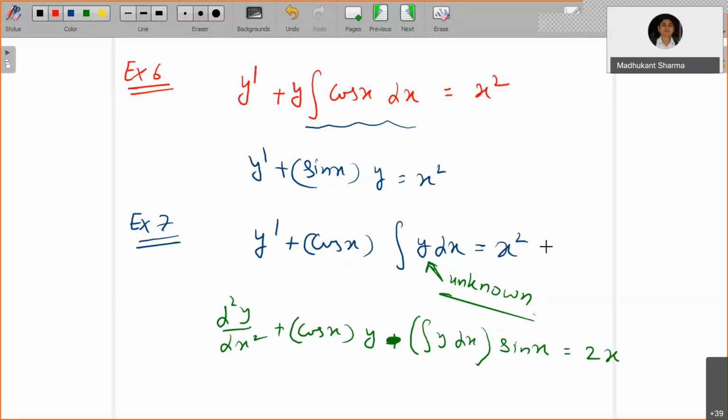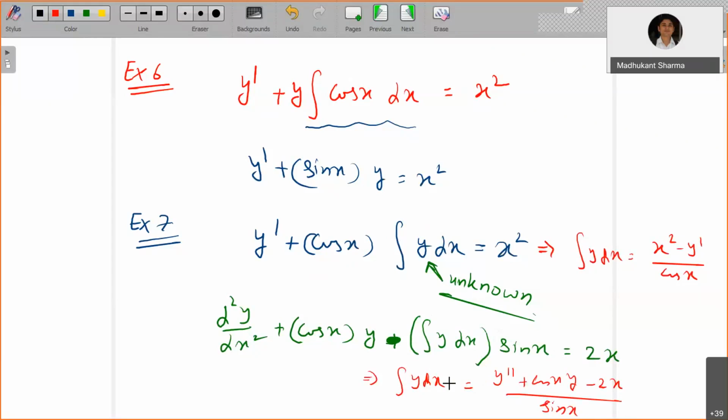So this implies integration of y dx is equal to something like x square minus y dash divided by cos x. And from here, this implies integration of y dx is equal to y double dash plus cos x y minus 2x divided by sin x.